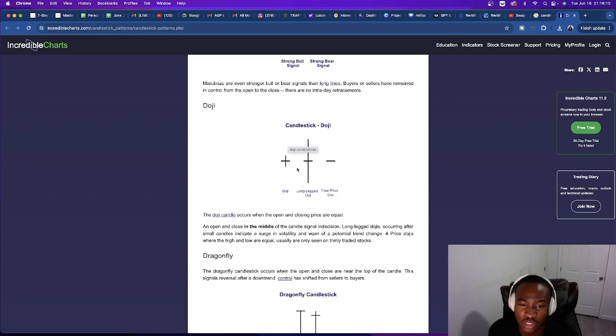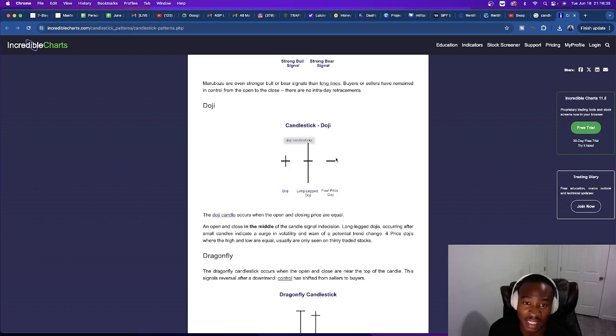The next thing that you guys would need to know is about dojis. Dojis just show indecision. It's basically saying that price didn't know what it wanted to do. It moved up, it moved down, and it came back to the same exact place, right? That's what this is.